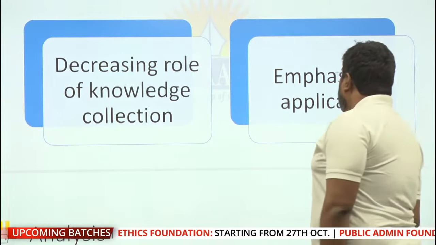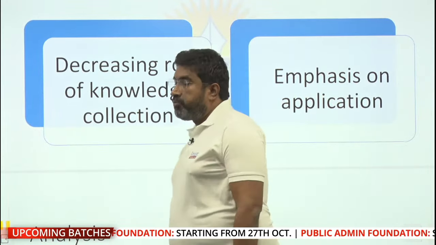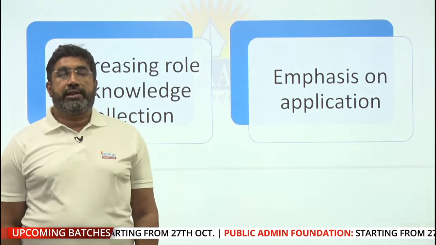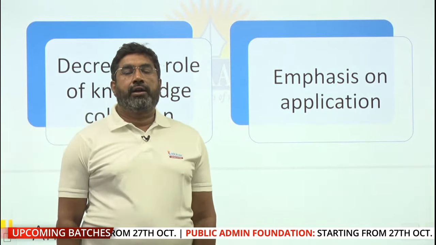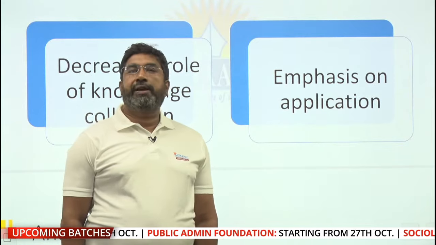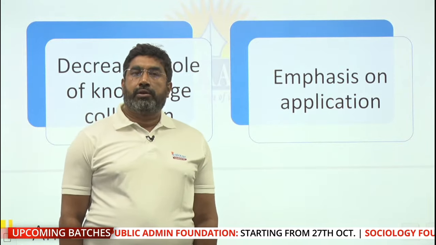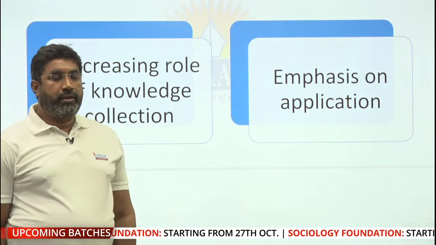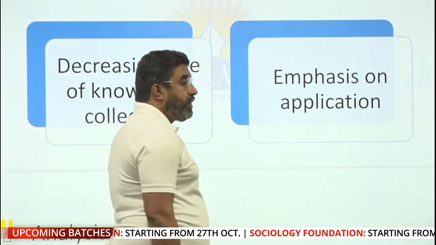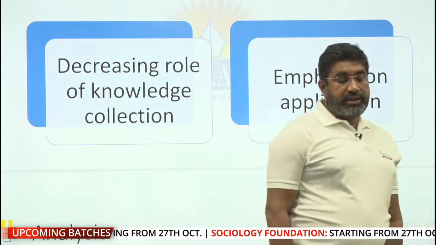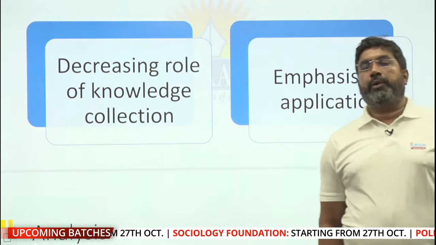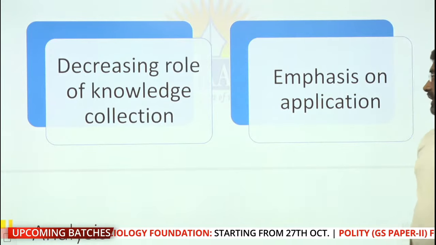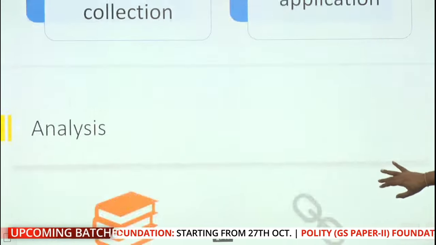Rather, the focus was on how you are going to use the concepts that you have learned in paper 1 in paper 2. So, there is a convergence in paper 2 and paper 1, and you have to use every knowledge and everything learned in paper 1 vis-a-vis application in paper 2. That was the first part of the analysis.